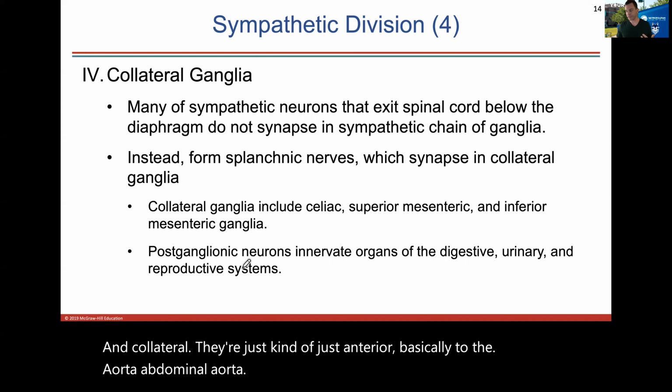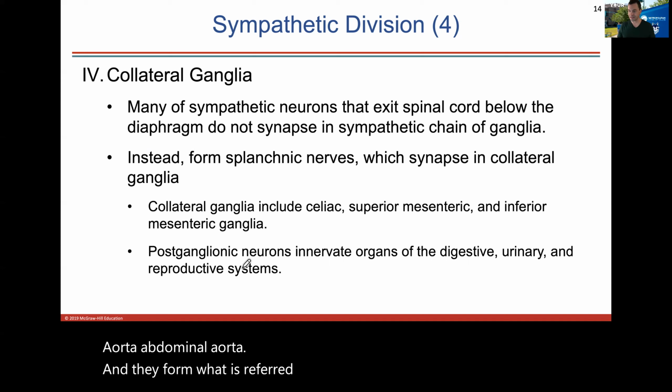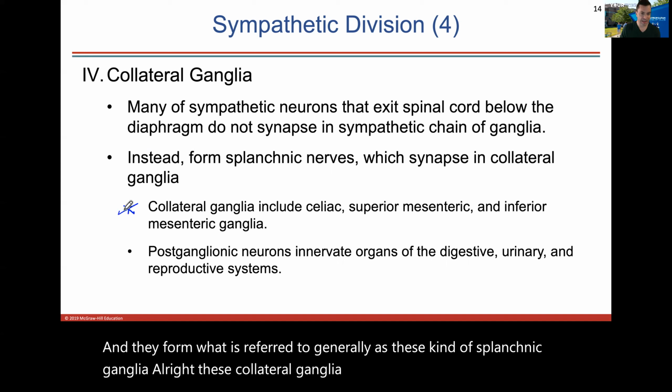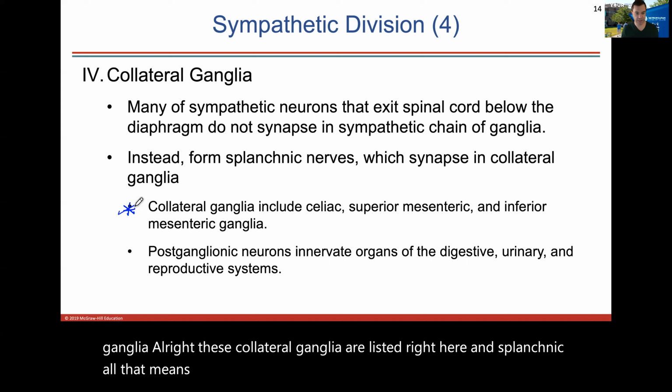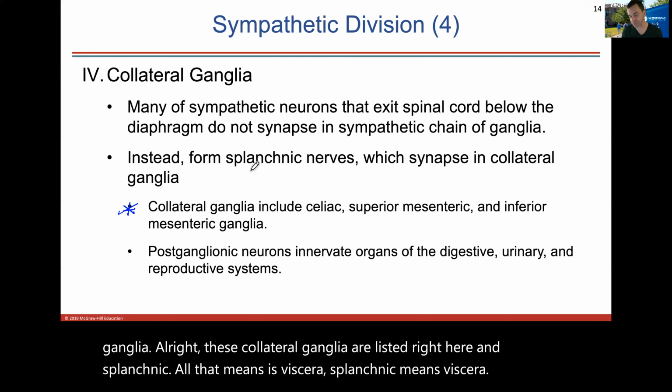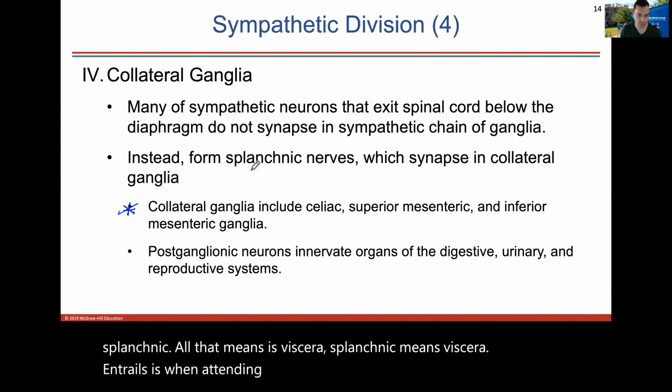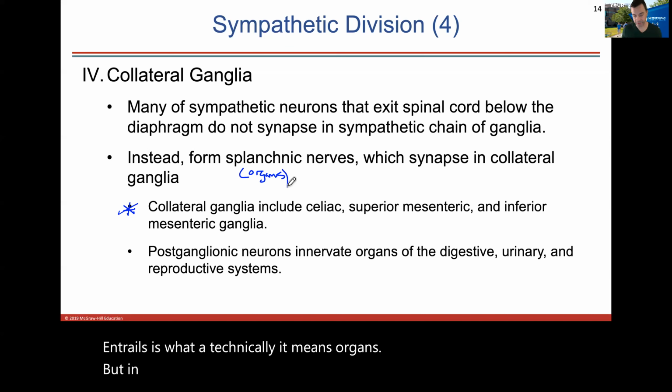And they form what is referred to generally as these splanchnic ganglia. These collateral ganglia are listed right here. And splanchnic, all that means is viscera. Splanchnic means viscera. Entrails is what it technically means. Organs.